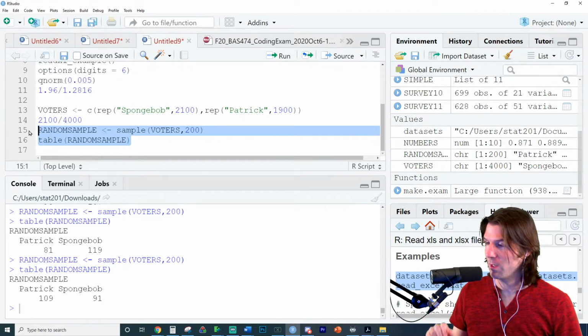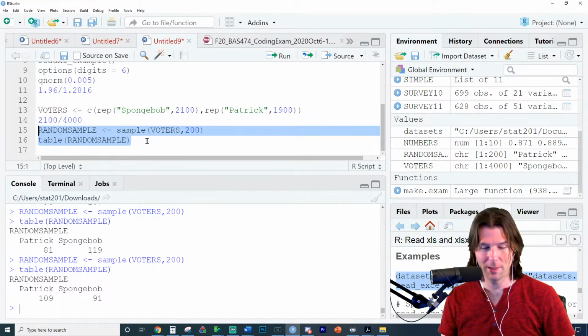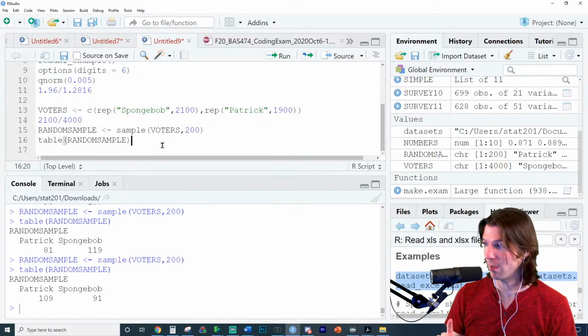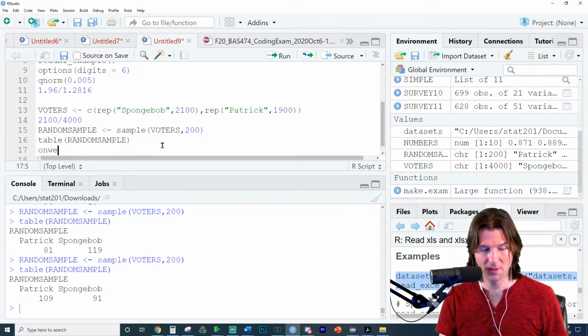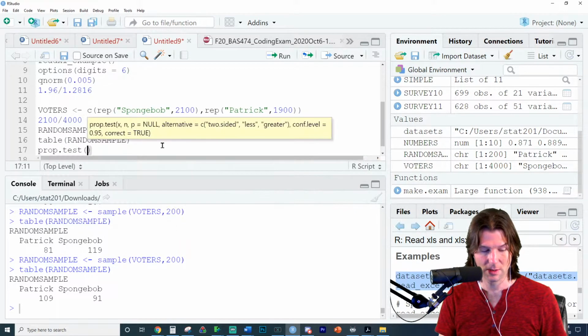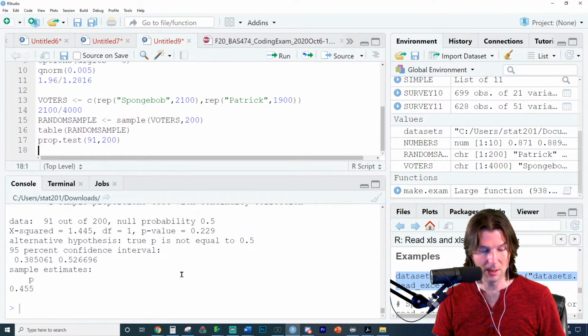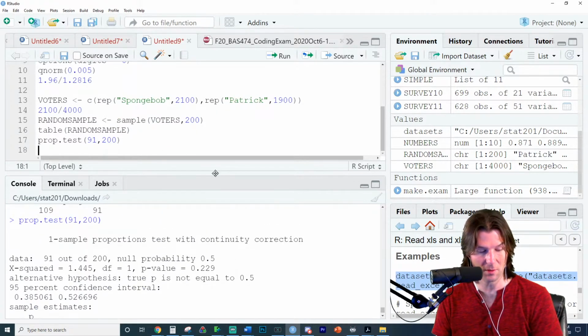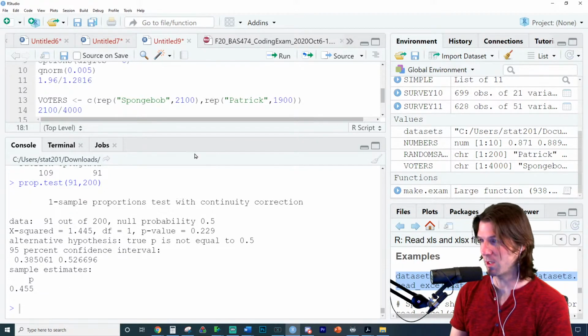But what have we not made yet? We have not made a confidence interval. To make a confidence interval, we'd go very easily with code to a proportion test, and we'd put in the x, which is 91, and the n, which is 200. And here is a 95% confidence interval for the true proportion of people who will vote for SpongeBob.